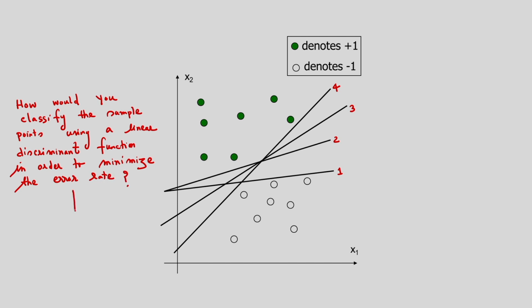Corresponding to this question, the answer is an infinite number of decision boundaries, an infinite number of answers. So which one is the best decision boundary in order to minimize the error rate, that I have to define.